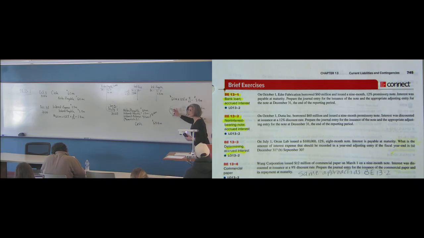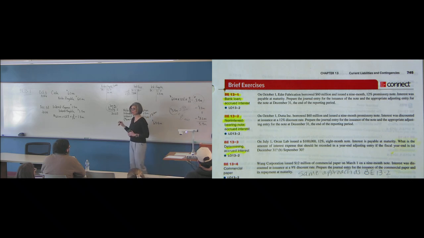So you can find the total amount of interest for the 9 months and then prorate the 9 months. 3 months of those 9 months belong in 2026, 6 of those 9 months belong in 2027. I don't care which way you do it, just be careful. After you figured out the total 9 months of interest, then you divide by a fraction of 9. Over here, you're still dividing by 12.